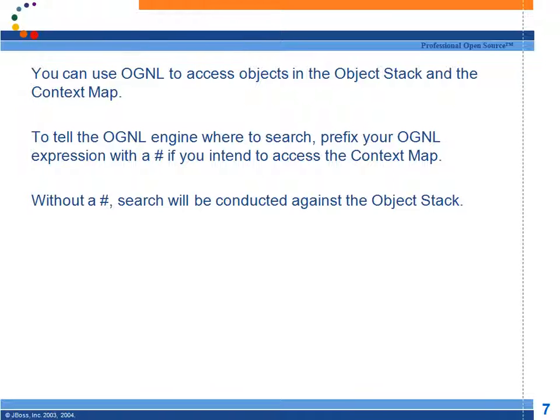For expression language it is a dollar. Right? In OGNL you use hash for accessing the maps present in the context map. Without a hash, the search will be conducted against the objects. Right? So in our JSP, we are using the text field key equals to, without using hash. So that property will be searched inside the object. Right?